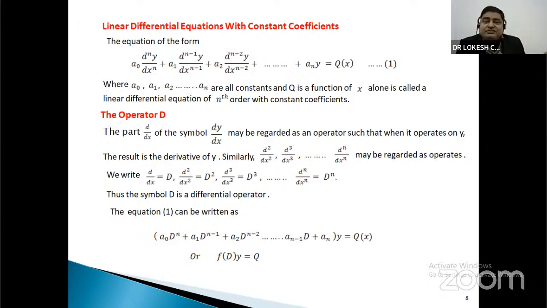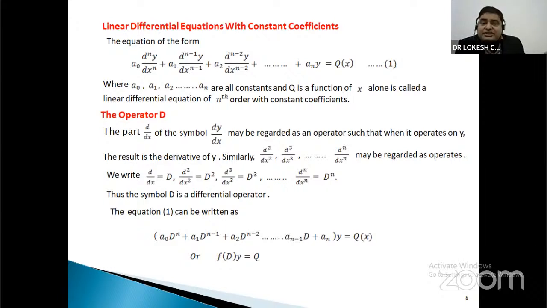So for linearity, the degree must be 1. For linearity, there should not be any product of various order derivatives. There should not be any product of the dependent variable with any order derivatives. If we check these three conditions in a particular equation, we can easily decide whether it is linear or non-linear.